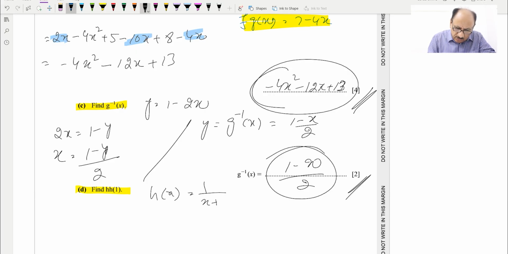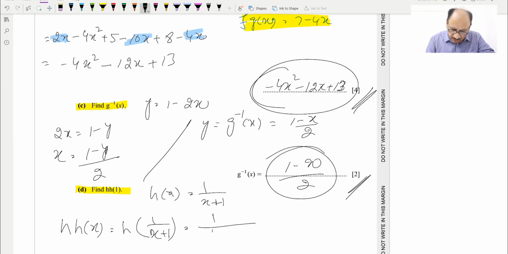So we will find h of 1. It means h of x is 1 over x plus 1, and basically we need to replace x by 1.